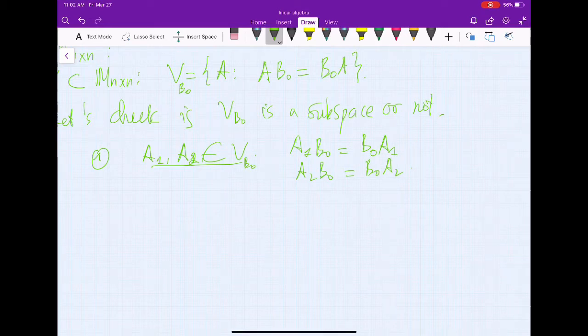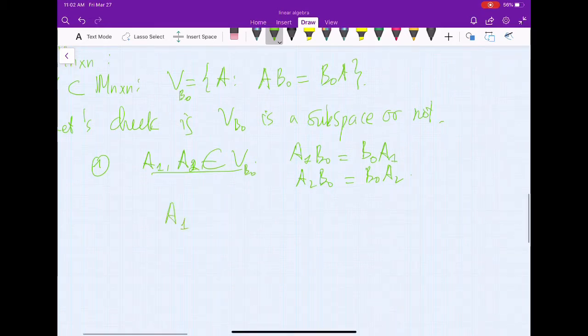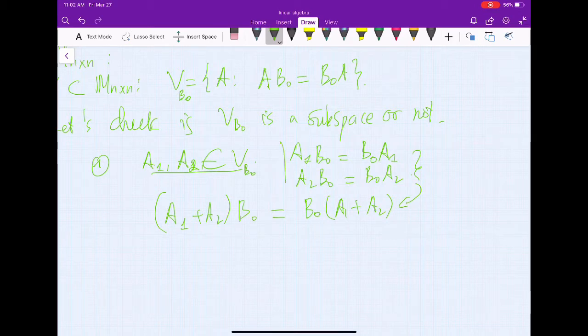And then you sum them up, right? You need to check (A1 plus A2) B0 is equal to B0 (A1 plus A2). And this is a consequence of these two identities.